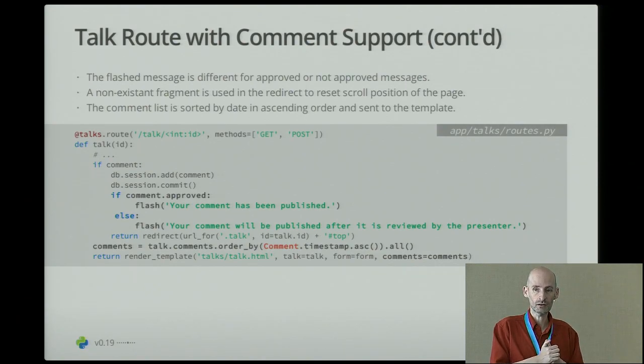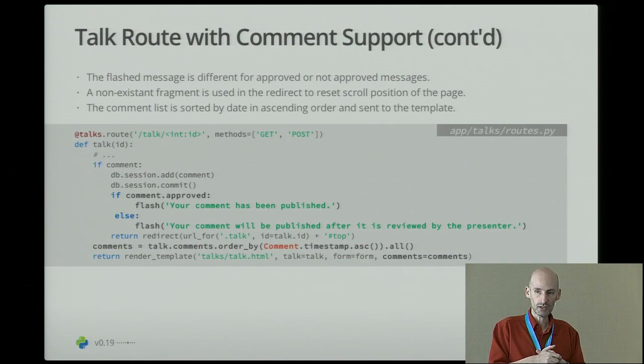So for known users of the application, it will say your comment has been published, and for others, it will say wait until the comment gets reviewed and it'll be approved then. And then I end by redirecting back to the talk page, this same page. So that's the case where a comment is submitted.